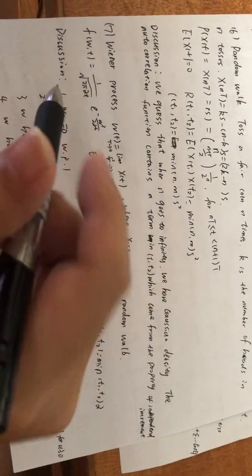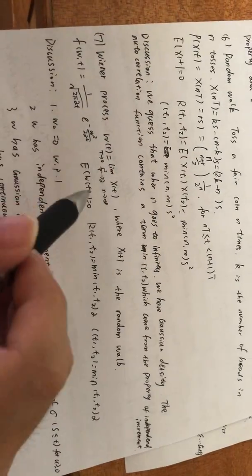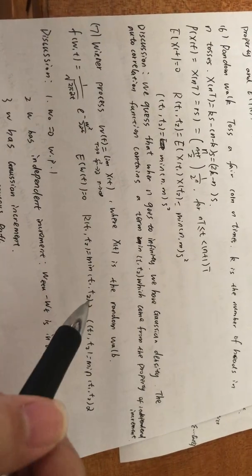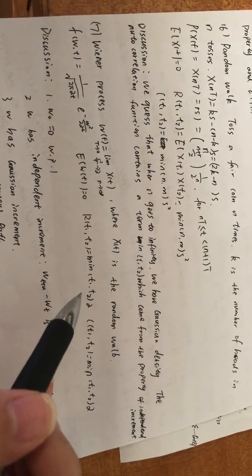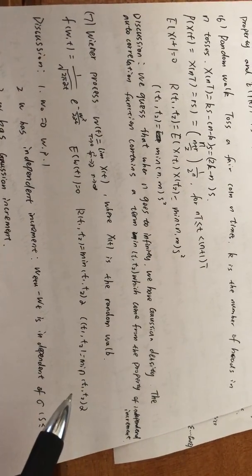And also we have the first-order density function, and we have the mean equal to 0. We have the autocorrelation equal to minimum of t1, t2 times alpha, and we have the autocovariance equal to minimum of t1, t2 times alpha.